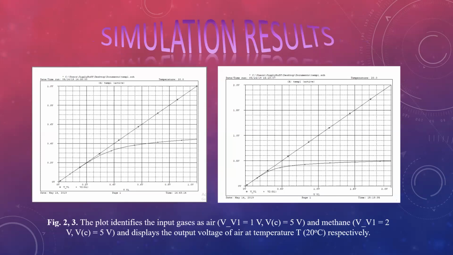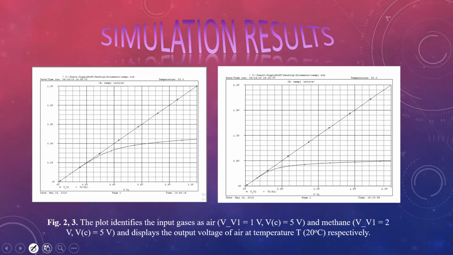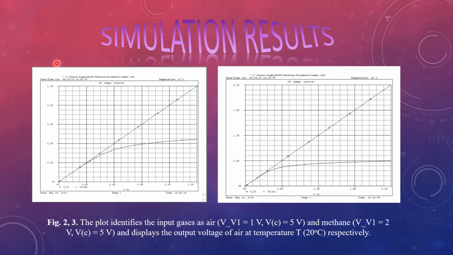Here are the simulation results. By using parametric DC sweep analysis, you can see the variations in the results, as you can see on plot number 2, that the input voltage over here is 1 volt and the input voltage over here is 2 volts.